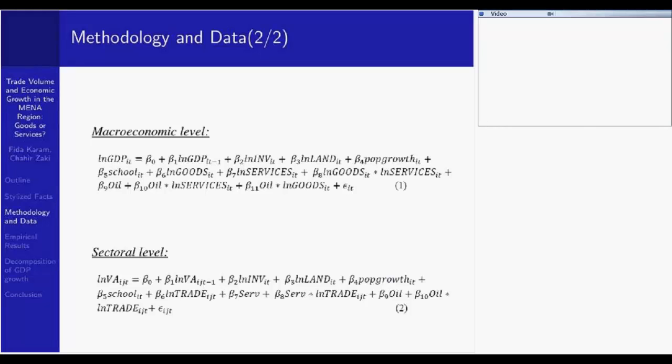And then we introduce our two main variables of interest, which are trade in services and trade in goods. Later, we interact trade in goods with trade in services in order to disentangle the marginal impact of services on growth when trade in goods increases.